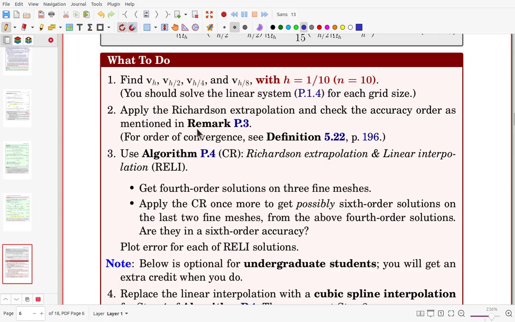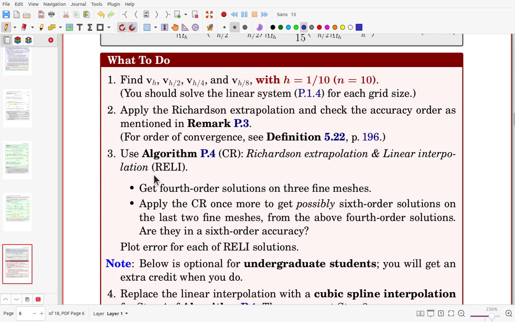Apply the Richardson extrapolation and check the accuracy order as mentioned in remark 3, and you can use definition 5.22 for checking the order of convergence. In the model code, this one is done, and this is partially done. We'll see soon.